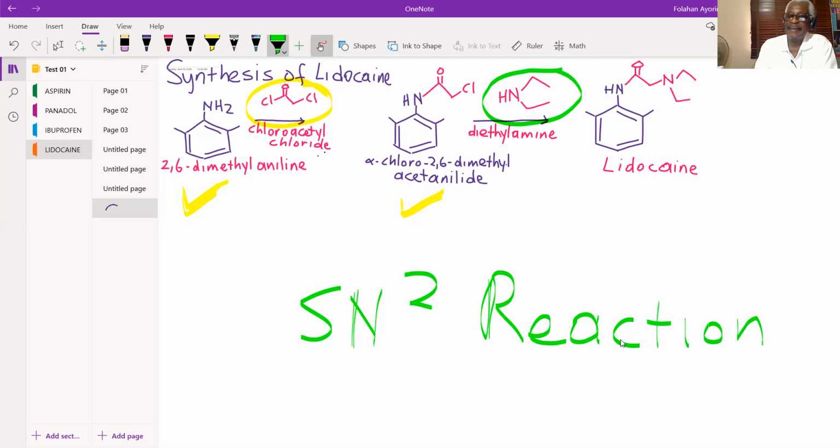In essence, what the diethylamine is doing is essentially replacing the chlorine atom here in what we call an SN2 reaction to finally obtain our final product, lidocaine.